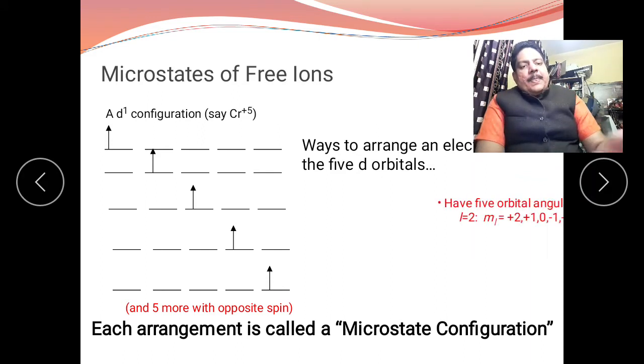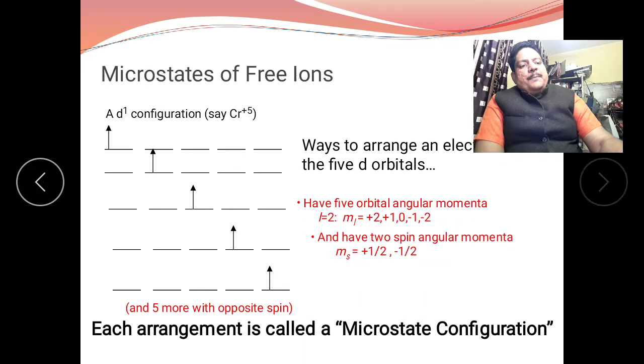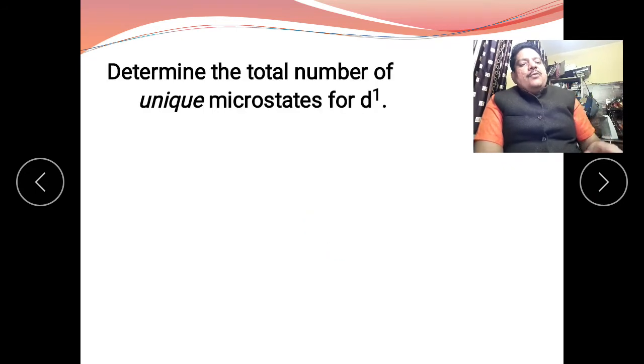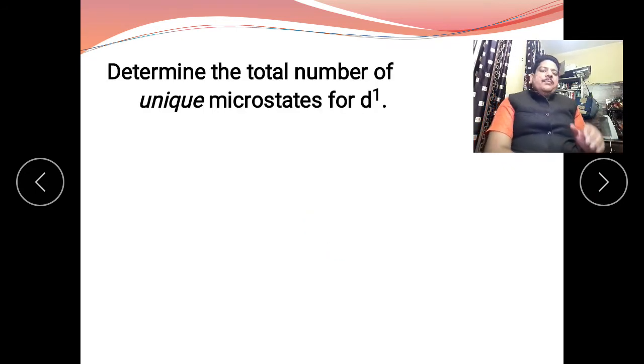The energy of more than one microstate may be the same, as in that example all 10 microstates have the same energy. Now another question is how can we determine the total number of microstates in such a configuration.